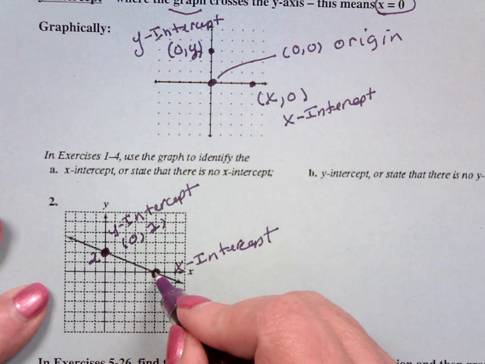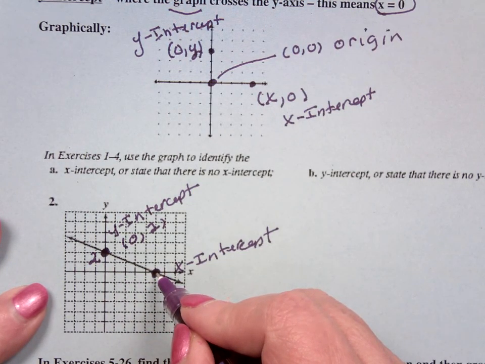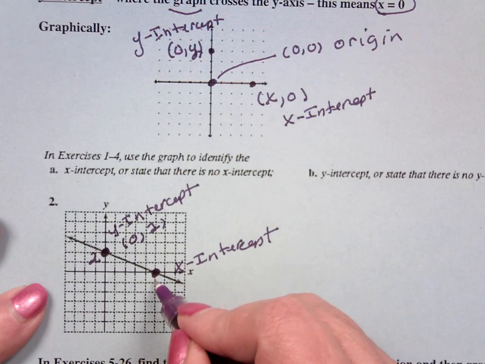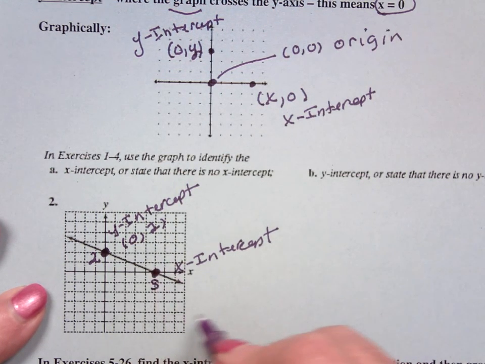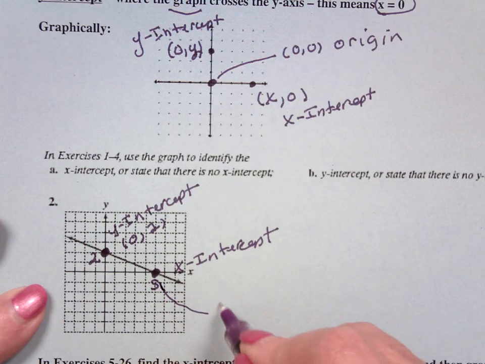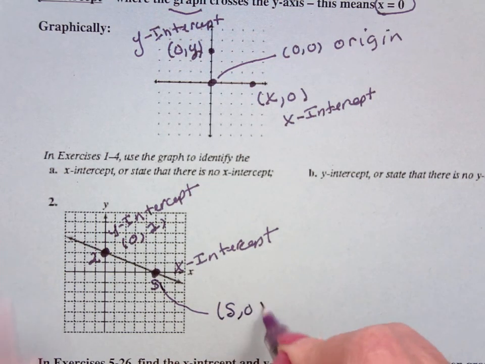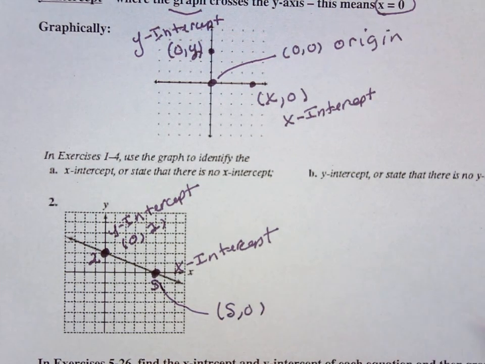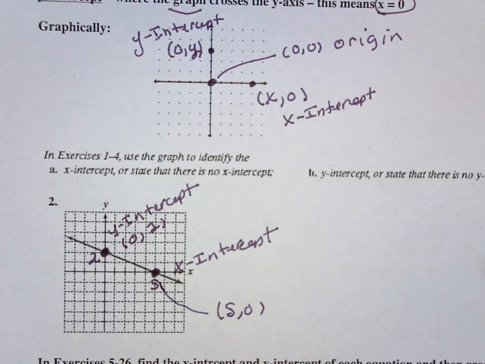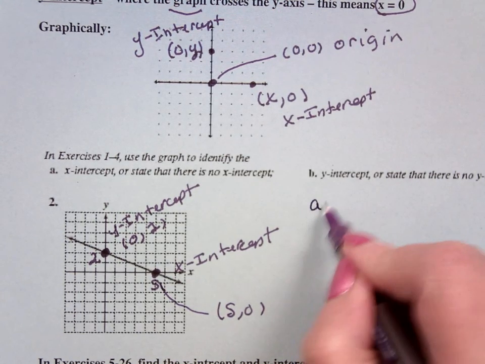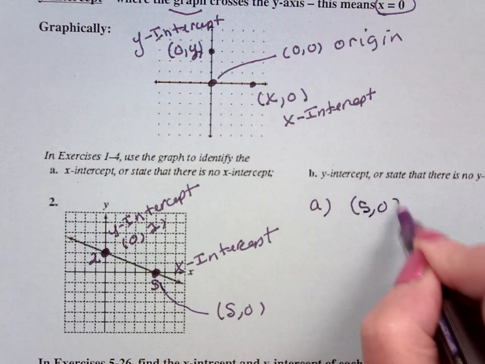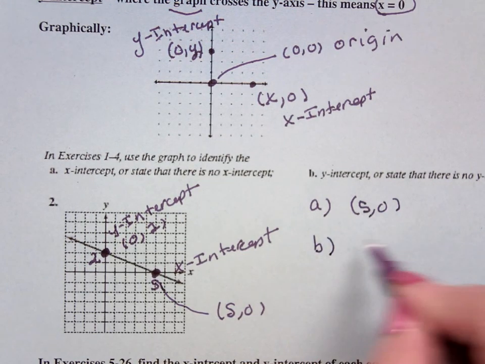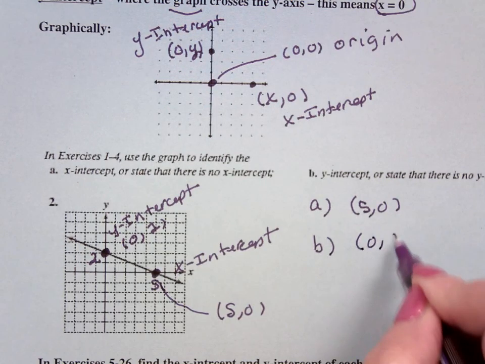And that would be x equals 5, if you count. So the coordinate point is 5, 0. So the x-intercept is 5, 0. And the y-intercept is 0, 2.